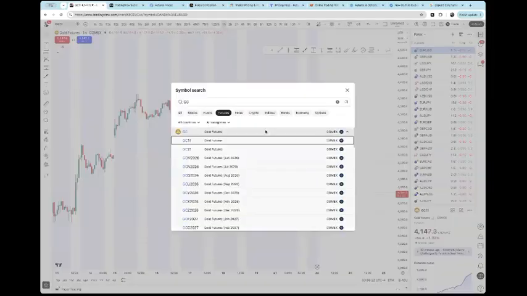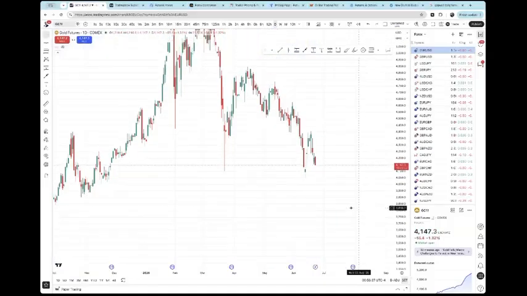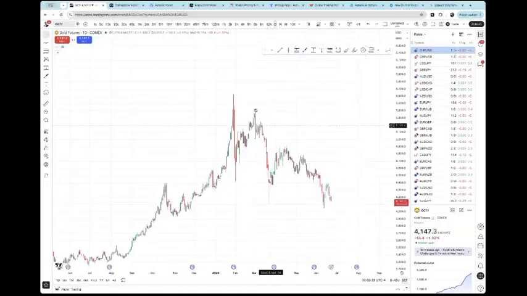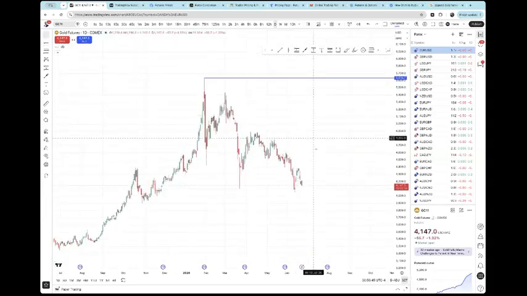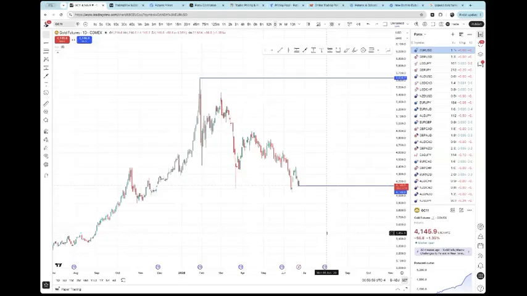GC gold future, this is the panic market daily chart, and the highest price of the market was 5636, and people who think now the war has started and the price will go up, just talk to them about what happened right now.